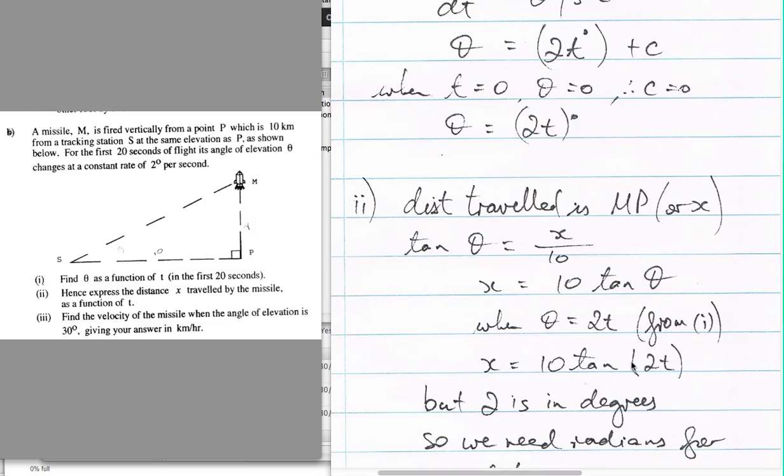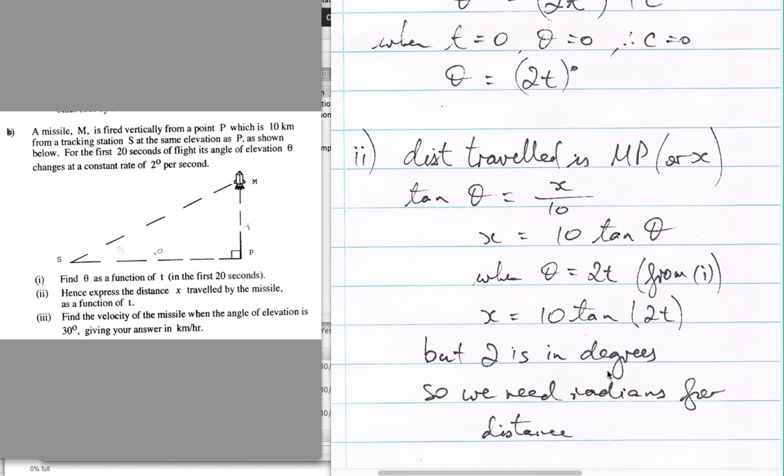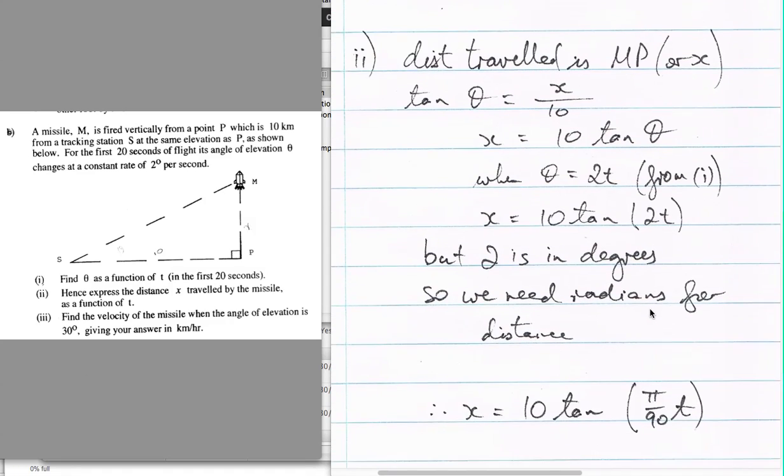Now this however, the 2t is in degrees. We are trying to measure distance, and this is, I suppose, the second really important part of this question. We have to recognize that we're working in degrees, we're trying to find distance, so we have to change it into radians. The t can't change, but the 2 can.